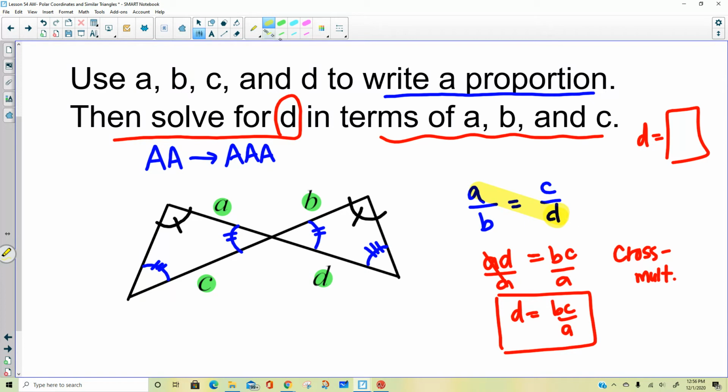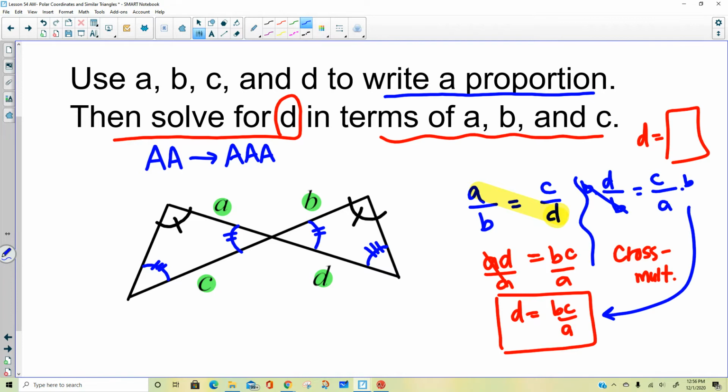So you could approach it like that. So you could do D, B stays the same. So you're just swapping A and D along the diagonal. Let's see what happens with this. And then if you want to isolate D, you can multiply both sides by B, right? And they cancel, and you have D equals CB over A, which is the same thing as here.